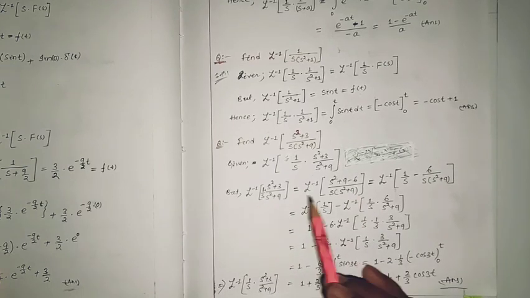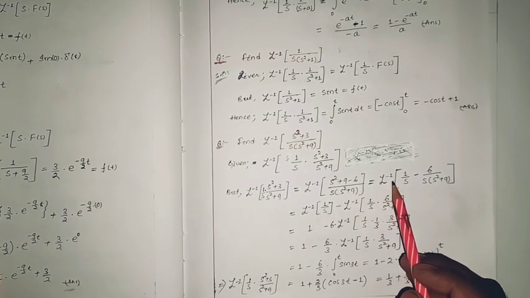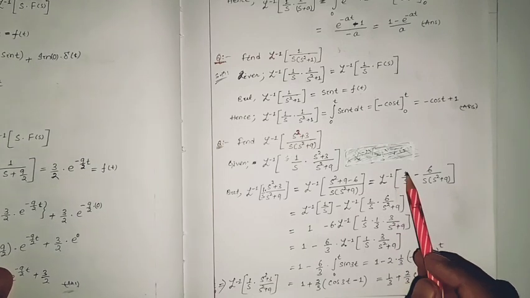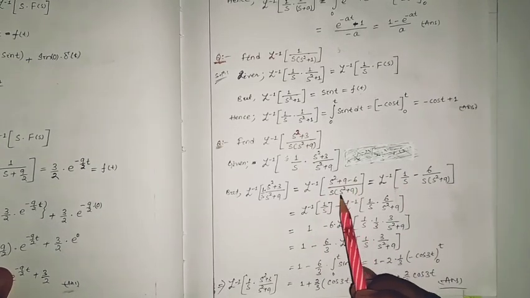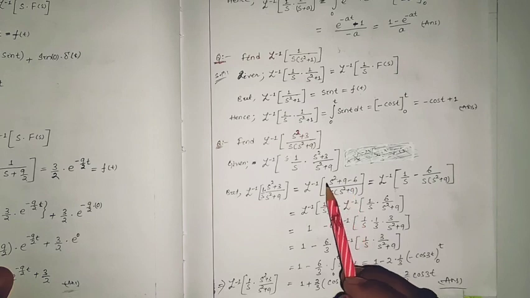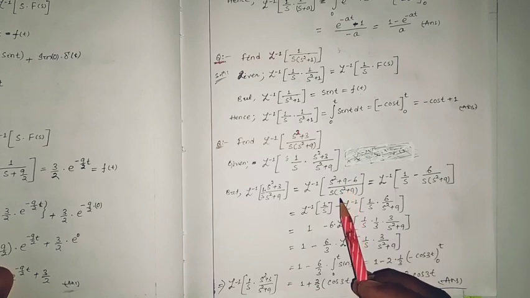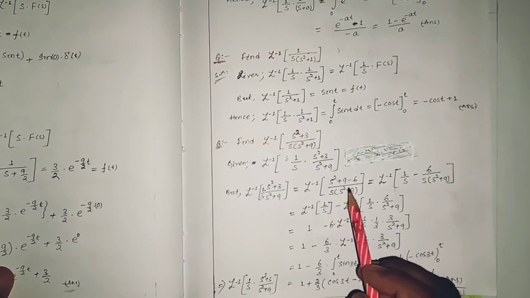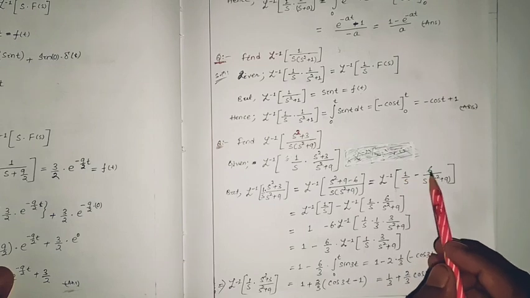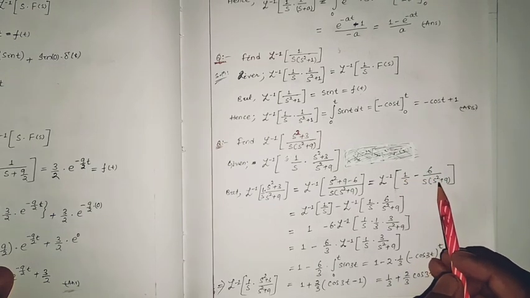We can rewrite this by using partial fractions. So here this can be written as 1 by s minus 6 by s into (s square plus 9).